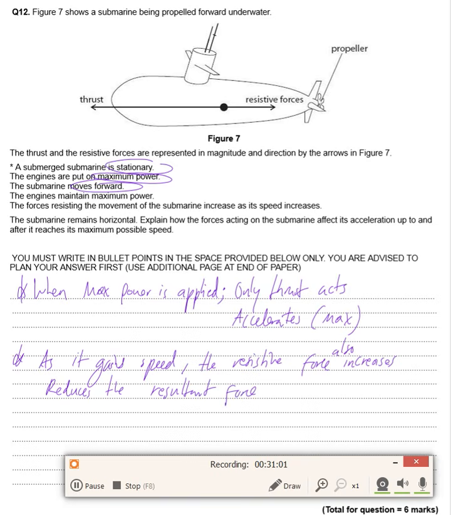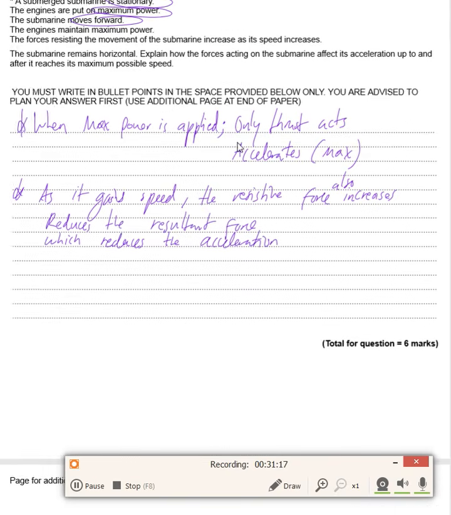Okay. So if the resultant force reduces, this reduces the acceleration. Now there's less acceleration, so therefore it slows down. Slows down.